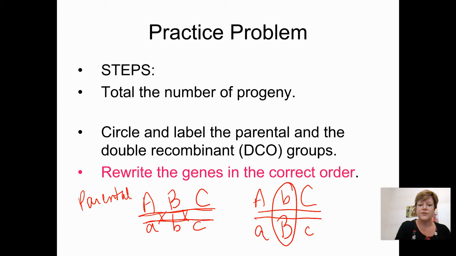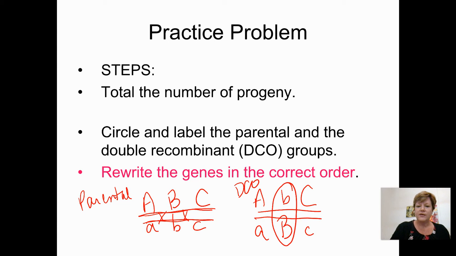And if you look at the other chromosome, little a, little b, little c on the parental, and on the double crossover one, little a, big B, little c. So again, the B is the one. So if you flip the B's back, if you look at your double crossover chromosomes and you reverse the B's, you put the big B back up here and the little b back down, you'll recreate the parentals.